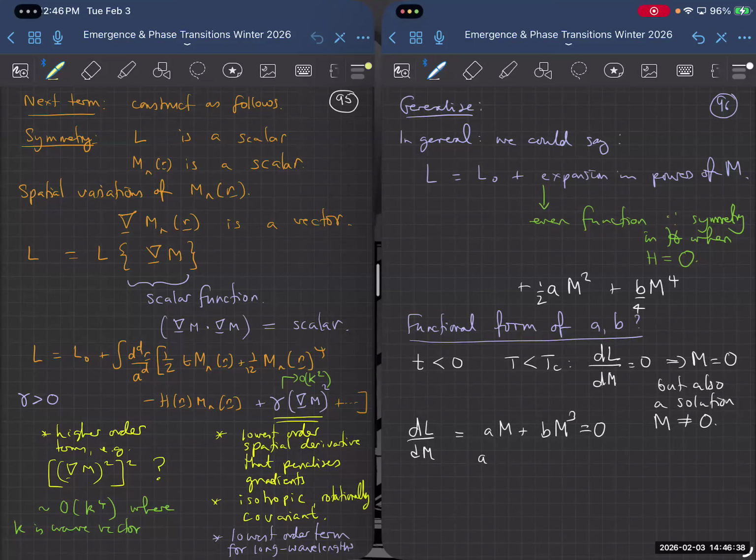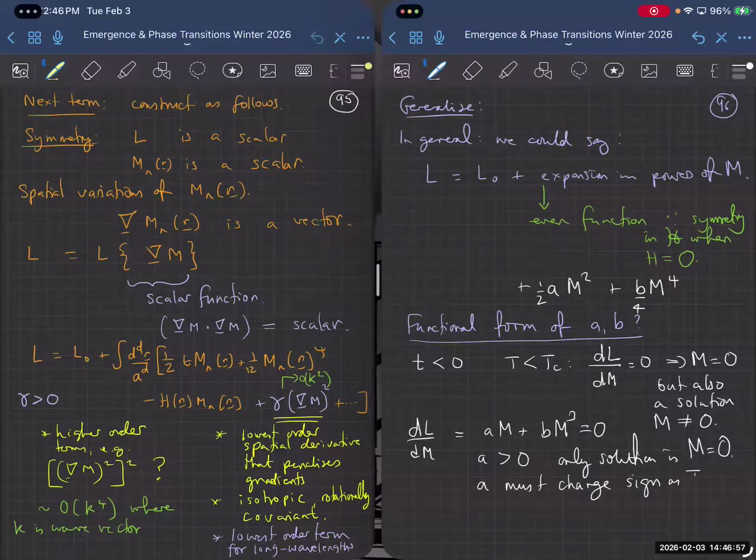So if a is greater than 0, then the only solution is m equal to 0. So therefore a must change sign as t goes below tc.